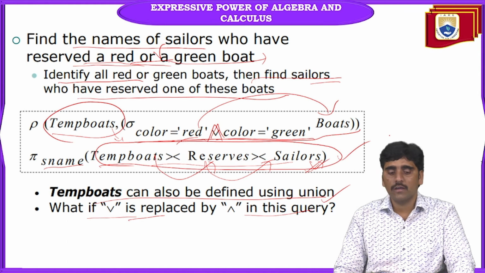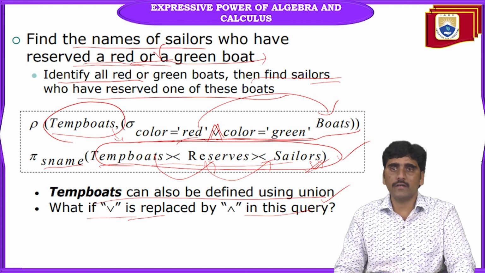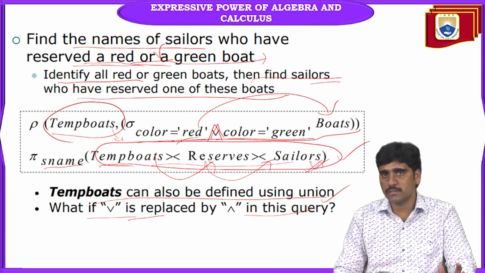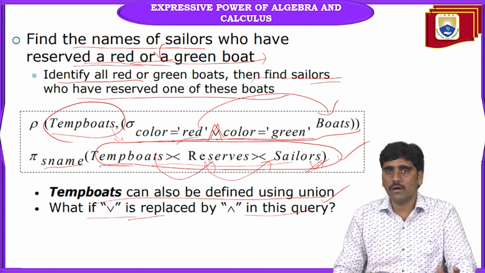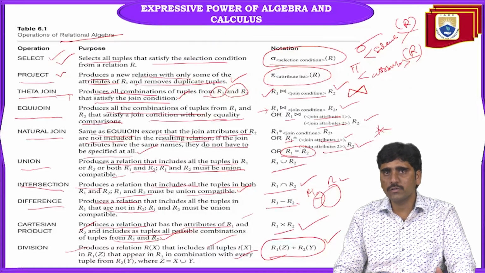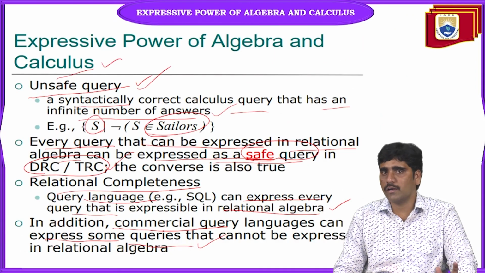So this is the way we can write unsafe queries in relational algebra, right? This is what we understand from the expressive power of algebra and calculus. We'll see what we discussed in this session. First of all, we have to understand what is meant by the expressive power of algebra and calculus.